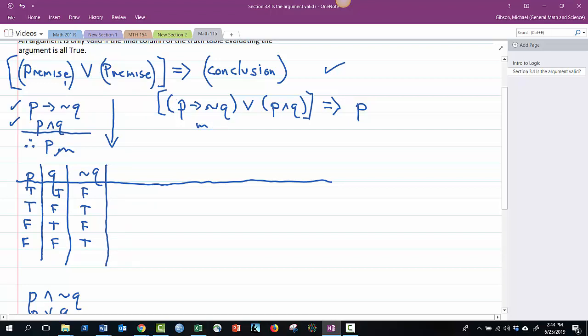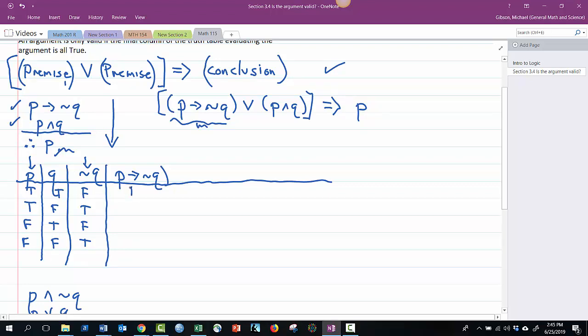Now then we need one for this whole thing here. So P implies not Q. Or in other words, if P, not Q. Right? So remember the rule for an if-then is it's only false when it goes true and then false, right? So looking at the P column and the not Q column, there's true and then false.